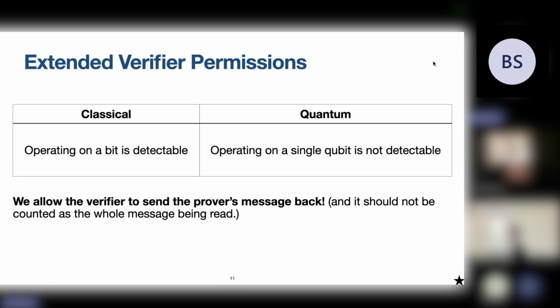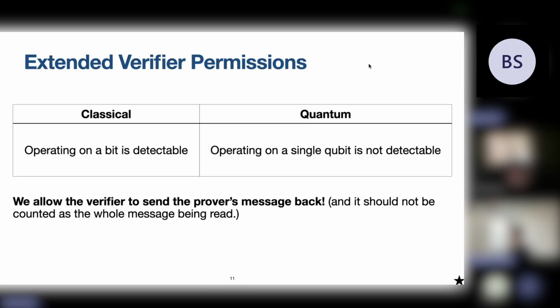Otherwise, there's no way for him to send it back. But for us, we just don't consider this. That's why I say we should allow the verifier to send the prover's message back and not count it as the whole message being read.